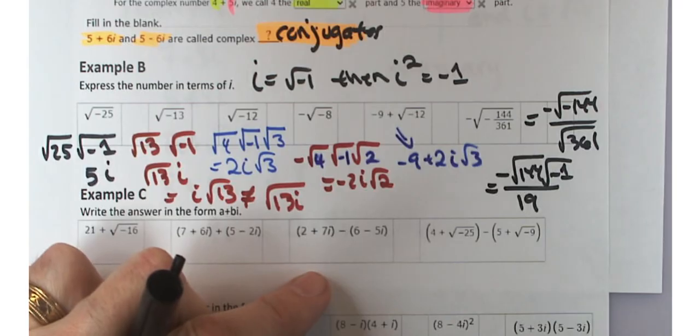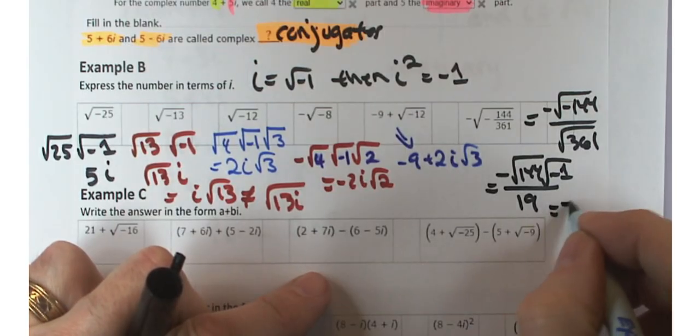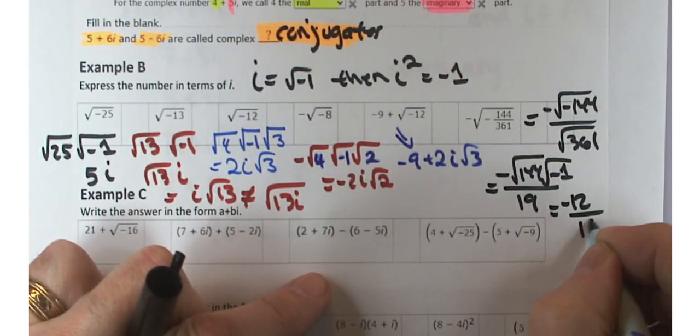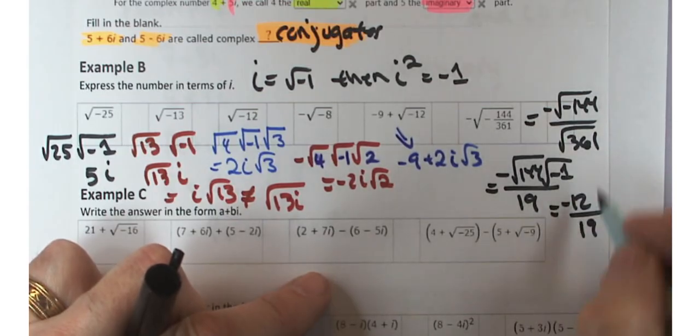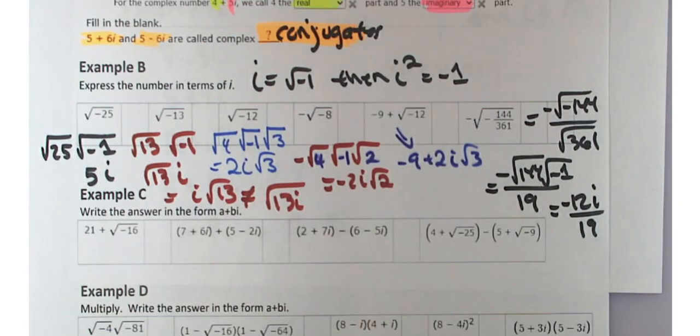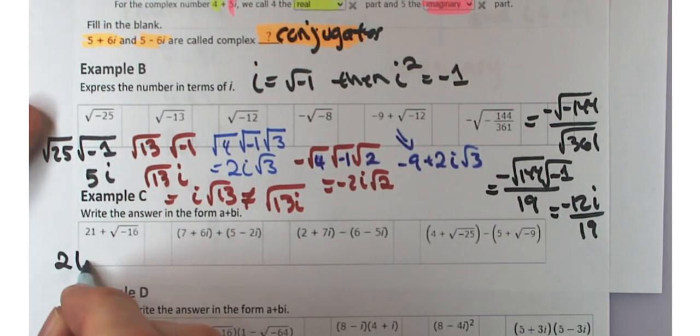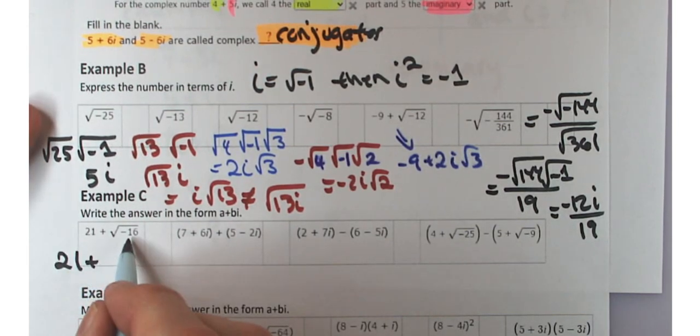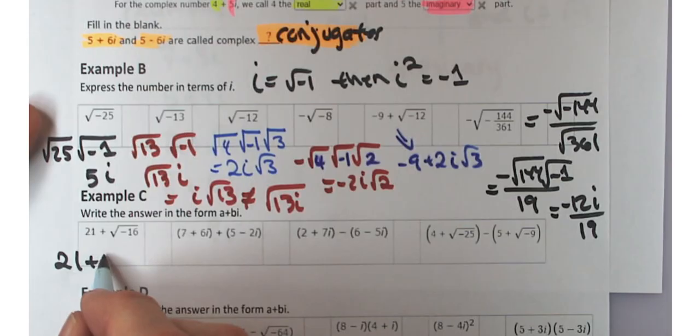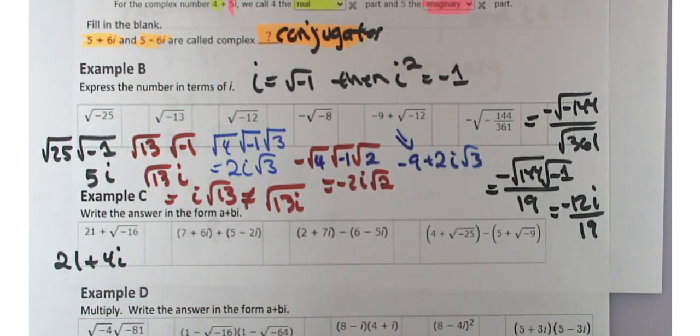Yeah, so it's going to be negative 12 over 19. But negative 12 what? i. Yeah, negative 12i. There you go. Now maybe you can start eyeballing some of these things and jumping right to the answer. What's going to happen with the square root of negative 16? What's that going to turn into? 4i. Well done. Thank you.